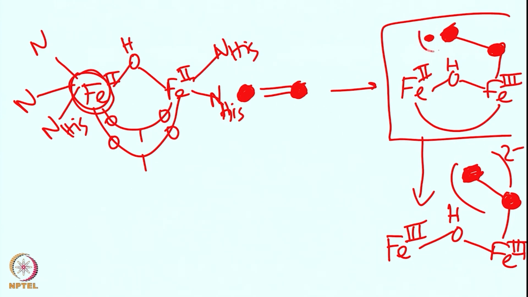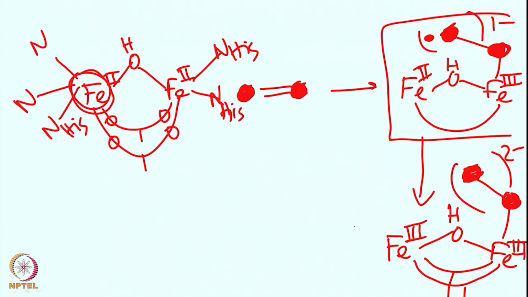So, this was a 1 minus superoxo, and this is a peroxo. Just remember that it is not really possible to see such intermediates; I am just drawing stepwise for your clarity, to understand very simply. Both the iron 2 plus centers give 1 electron at a time to give the iron 3 peroxo species.